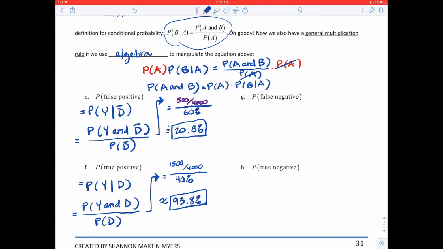A false negative would be the conditional probability that they tested not positive given that they have the disease. It's the intersection of a negative test result and having the disease, divided by the probability of having the disease.